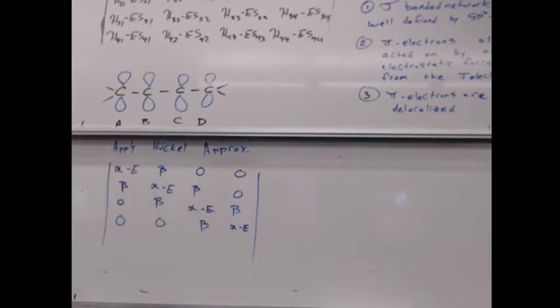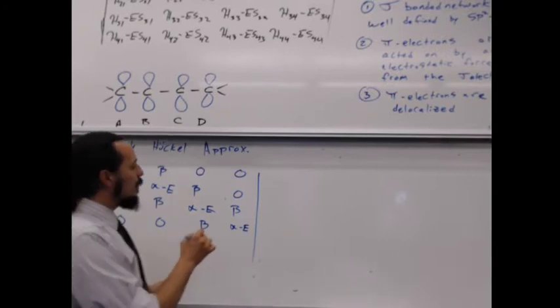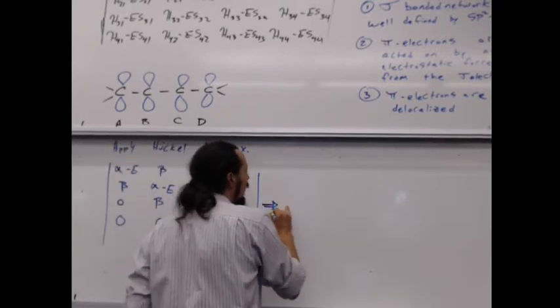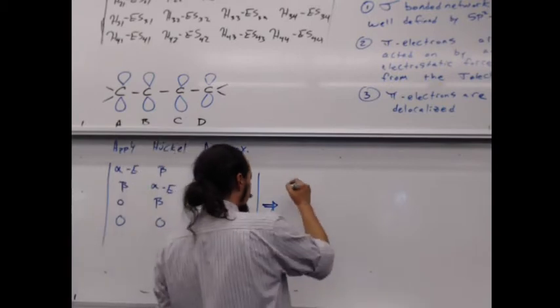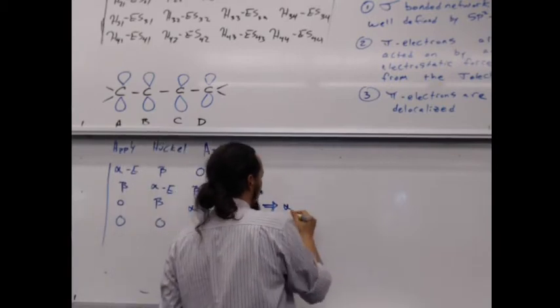With the approximation we're doing, we can split this the way your textbook does into 2 different matrices: a diagonal matrix in terms of alpha and a non-diagonal matrix in terms of beta. So this is going to be alpha.